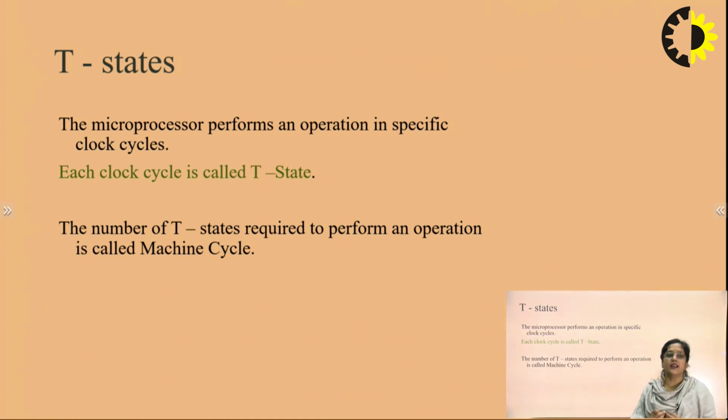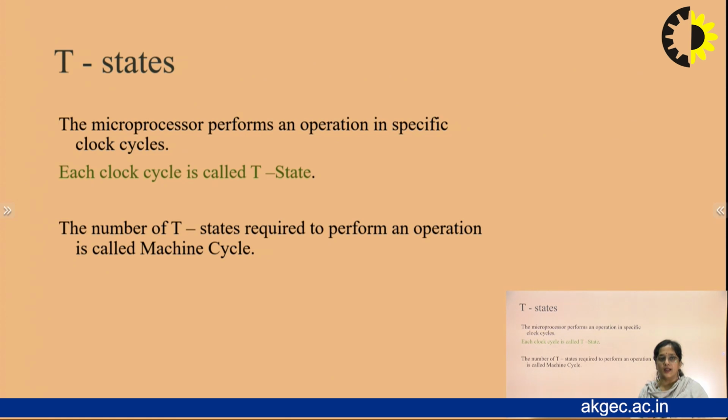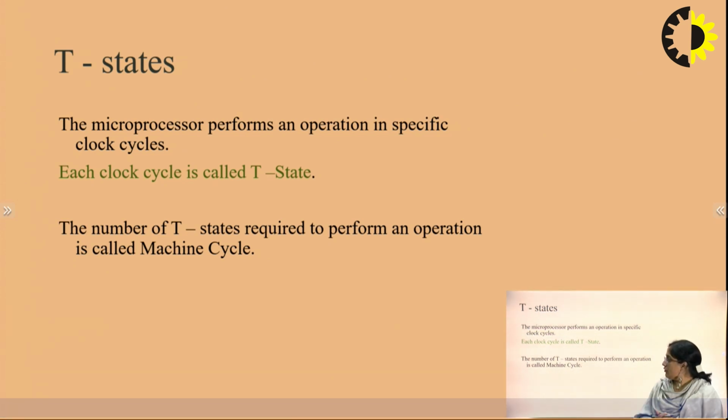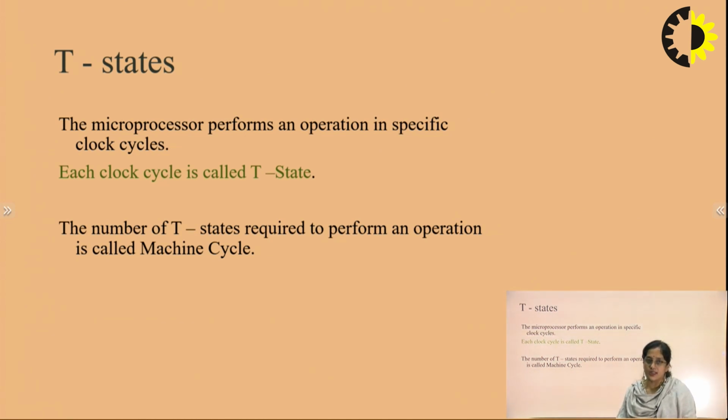Each machine cycle consists of some T states. T state is nothing but the clock cycle. Suppose the frequency of the microprocessor is 3 MHz, then 1 by 3 MHz is 1 T state. The number of T states required to perform any operation is your machine cycle. So an instruction consists of machine operations and T states.